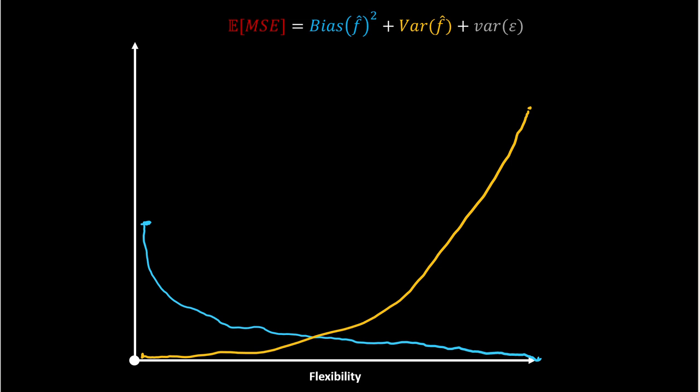And there's one more component, and that is this irreducible error, which is represented with the var epsilon here. Irreducible error is error that we cannot get rid of by adjusting the flexibility of our model. I'm just going to draw it at a level here.